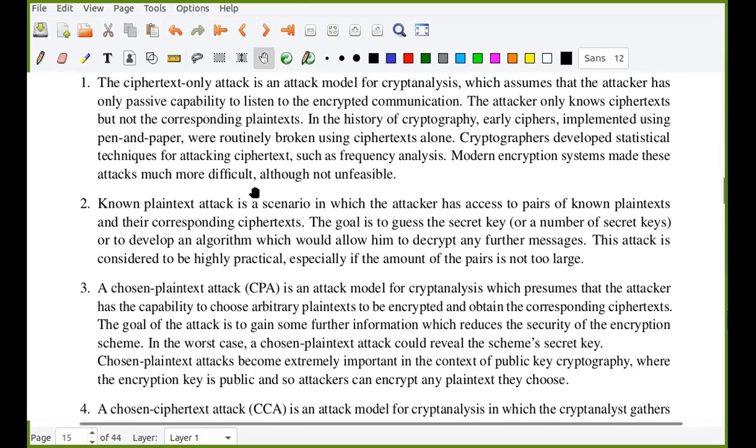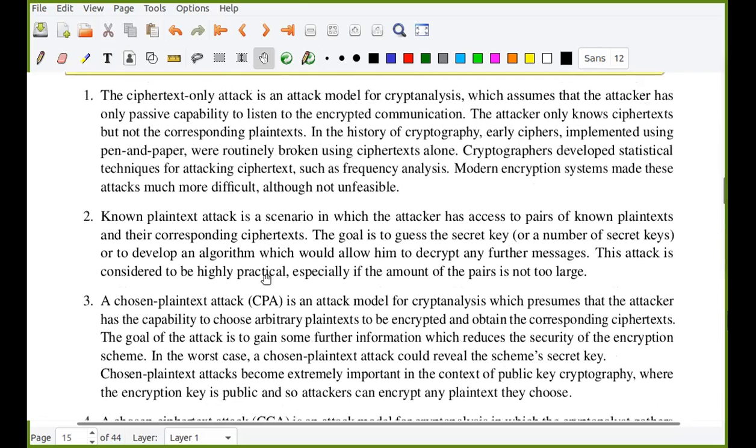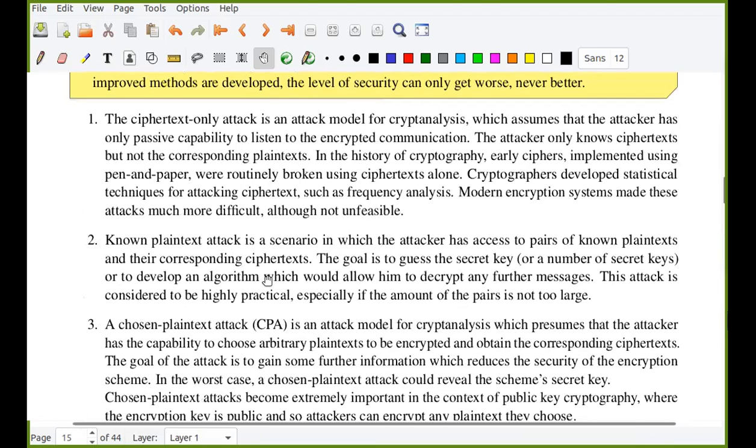Are you able to see the difference between these two? Here nothing is there, very passive. No information is known. Only you know the ciphertext, and from that you need to find the key. General problem. But here it is a little more powerful. Why powerful? You have some plain text and their ciphertext, that already you know.